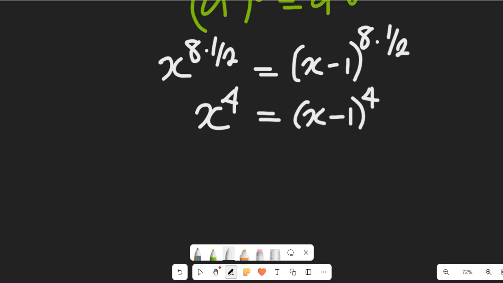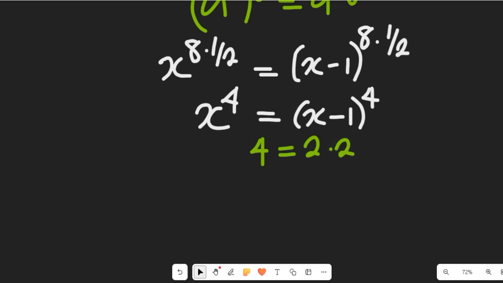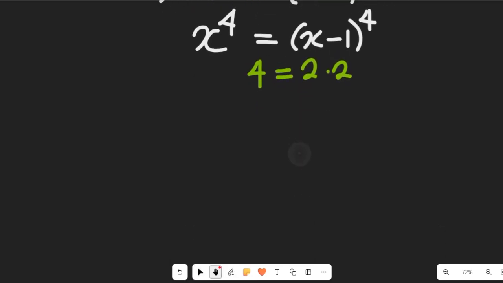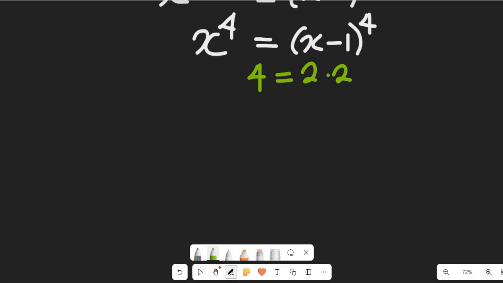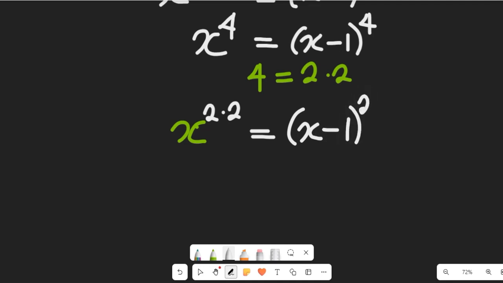Great. Now let's simplify this. Recall that 4 can be equal to 2 multiplied by 2. So if we use that here, the expression becomes x to the power of 2 multiplied by 2 equal to (x minus 1) to the power of 2 multiplied by 2.